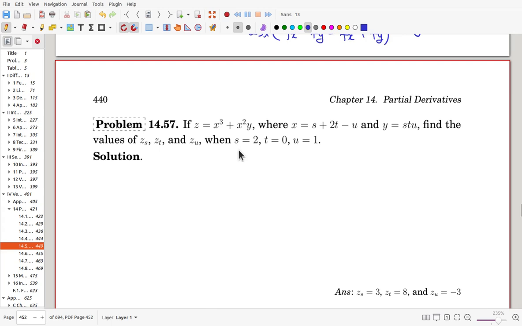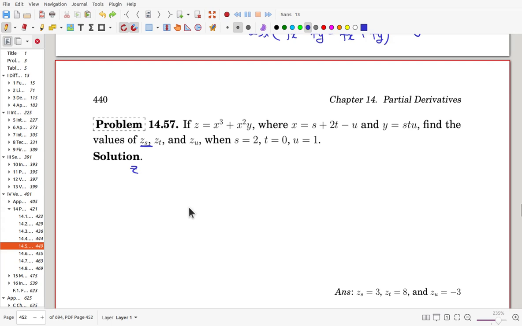We can also evaluate and get a numeric value when s, t, u are given in this way. So let's begin with this one. G sub s. What is G sub s?